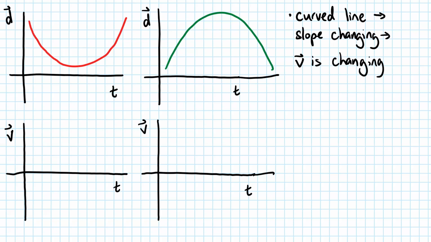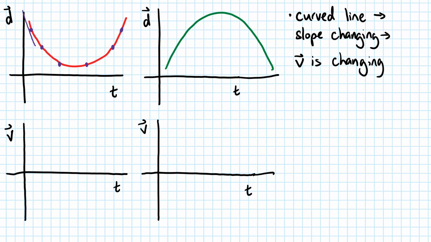To look at this idea of changing slopes, let's take a look at the slopes at certain points along our graphs. I have 6 points along that position time graph, and what I'm going to do is look at the slope of a tangent line to that graph. A tangent line is simply a line that just touches a curve only at one point, but not at any other point. It never crosses the line again.